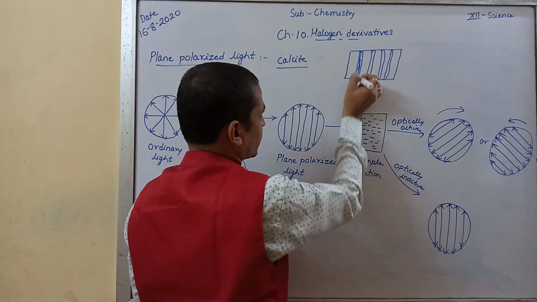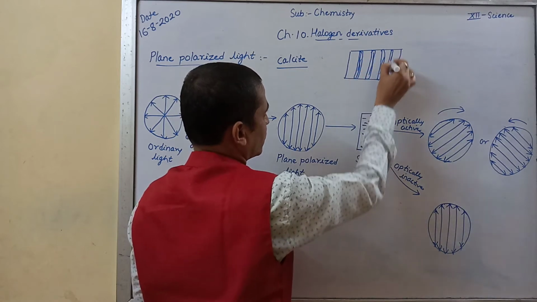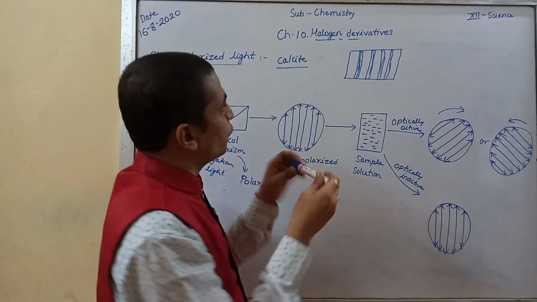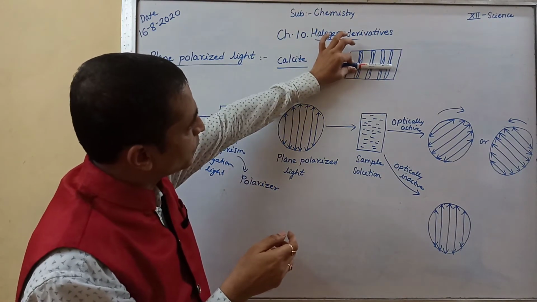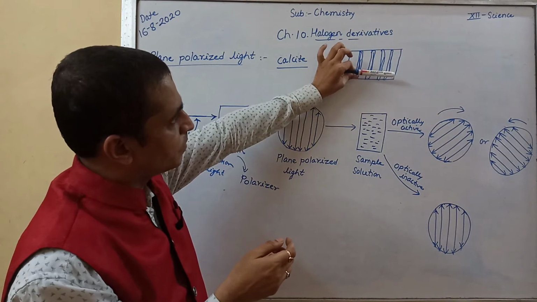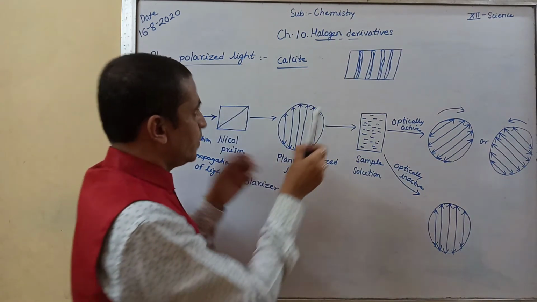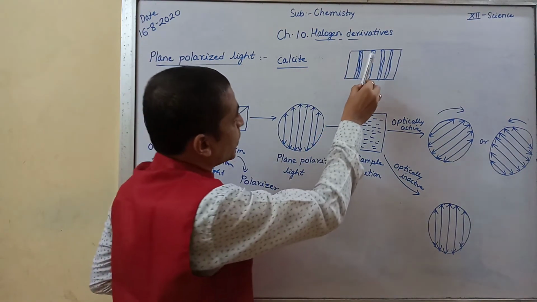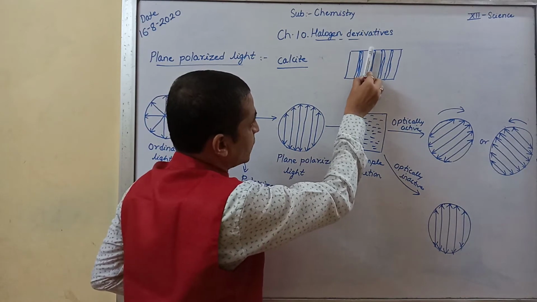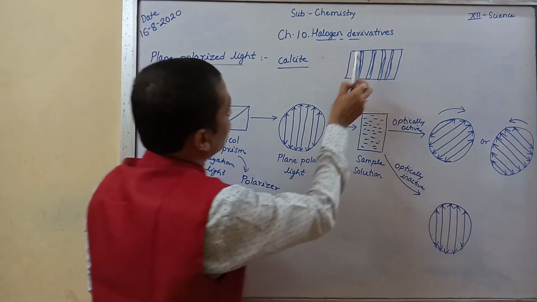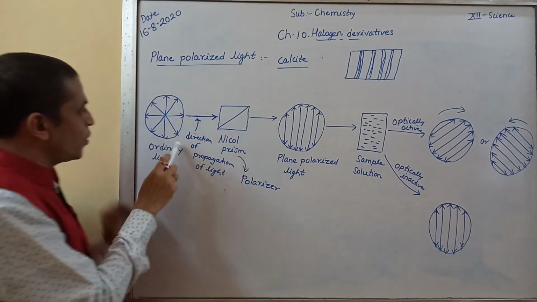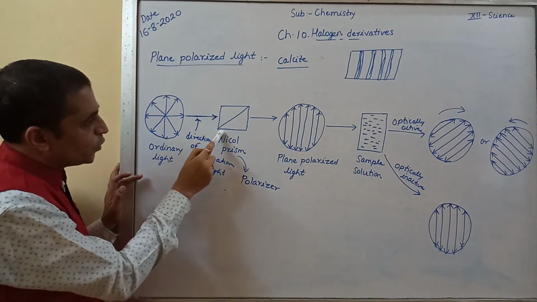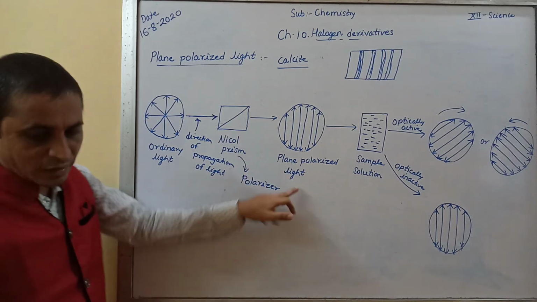If I throw this pen through this window, then it will not pass. But if this pen is in the proper plane, then it will pass through this window. So the working of the window is similar to the working of the nickel prism. Therefore, when ordinary light passes through this nickel prism, you get plane polarized light.